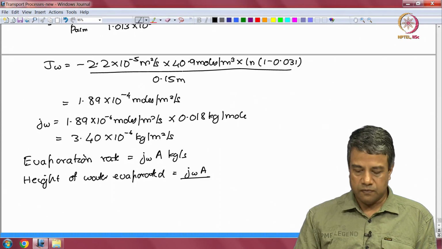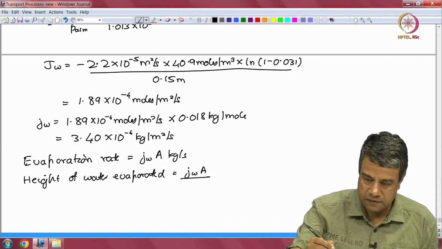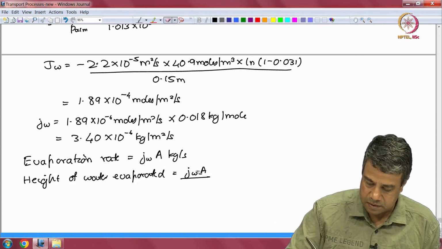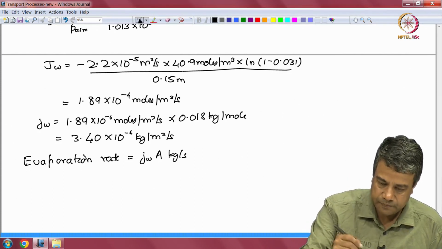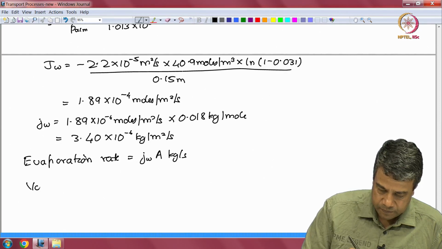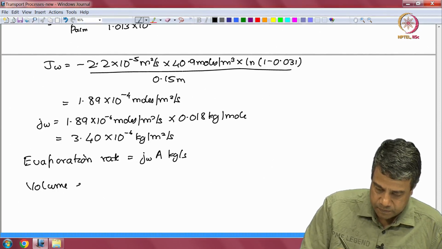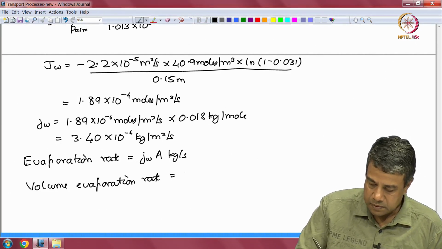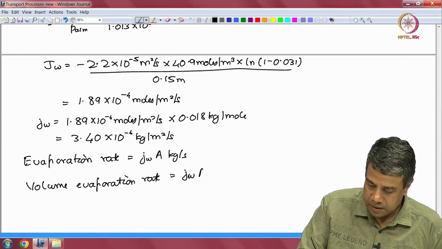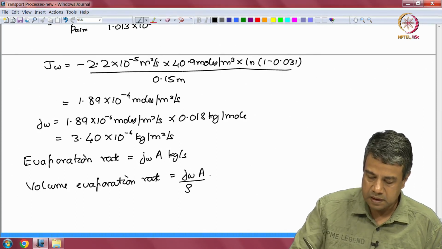So, let us just first take the volume evaporated. It is equal to JWA divided by the density.